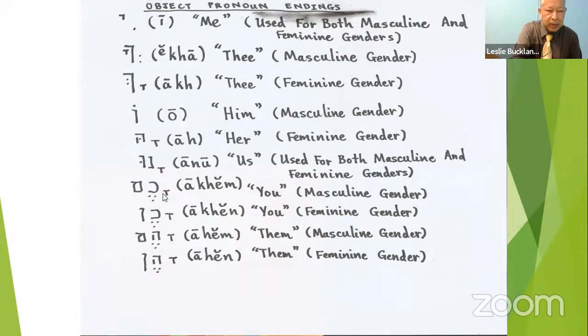Also, akem. It's similar to ekem, which had the simple shua here, but in the object pronoun ending, it is kames, kaf, segol, mem, akem, translated as you, not yours.